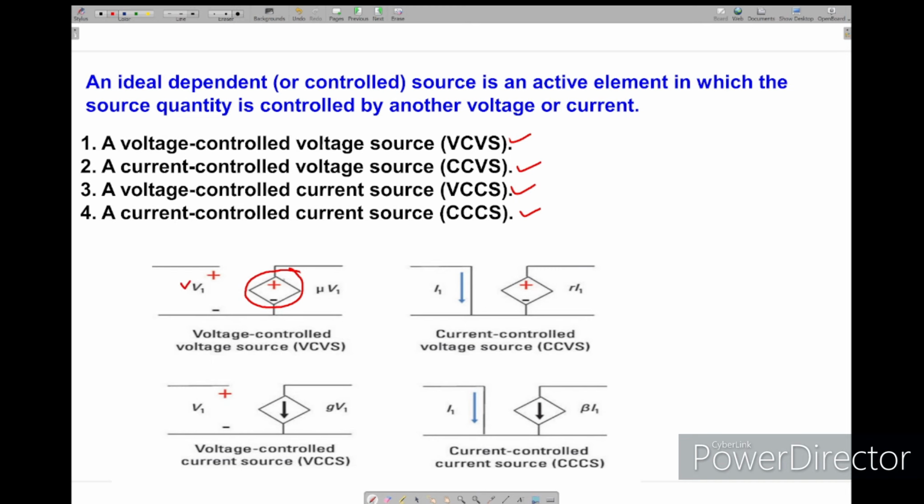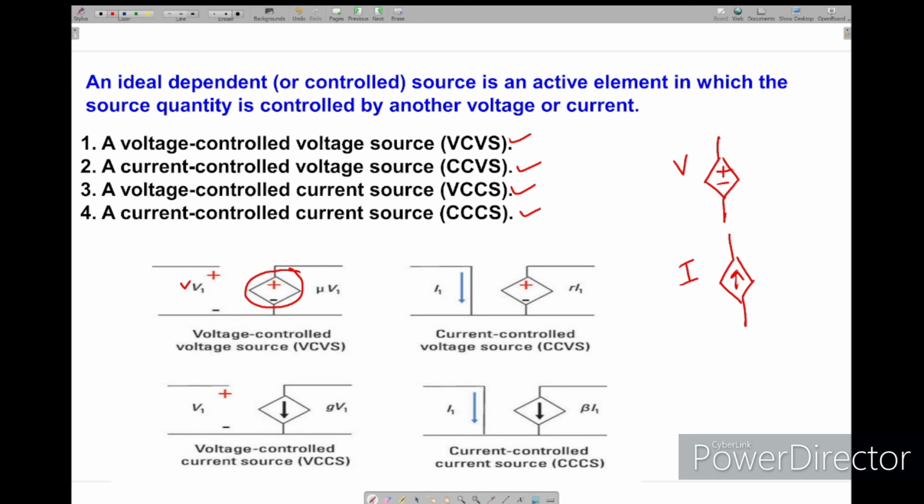This triangle symbol for sources represents the dependent source. So if it is like this, this is voltage source. If same triangle, arrow mark means this is I.